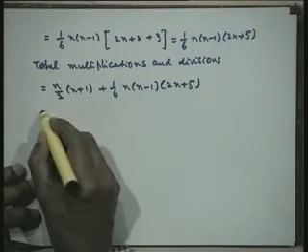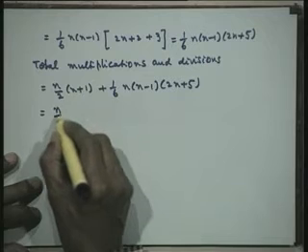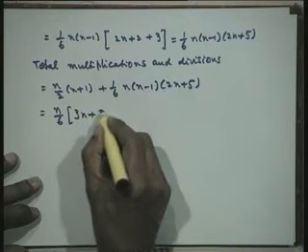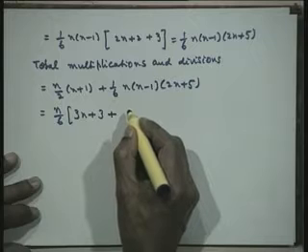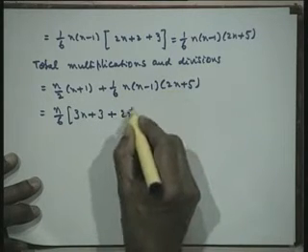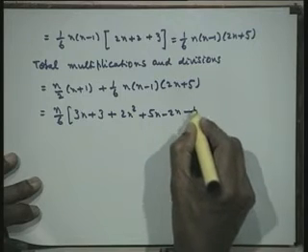Let us simplify this. I can take n by 6 common. So, that will become 3n plus 3 plus n by 6 I have taken, let us multiply it out. This is 2n square plus 5n minus 2n minus 5.